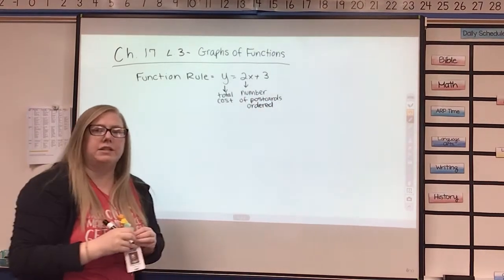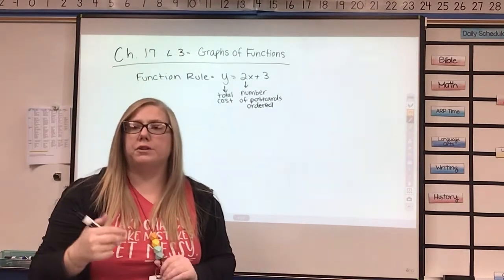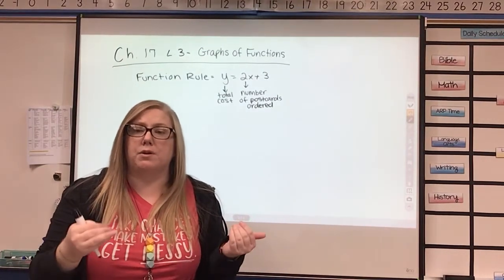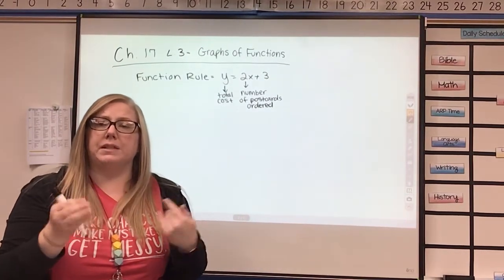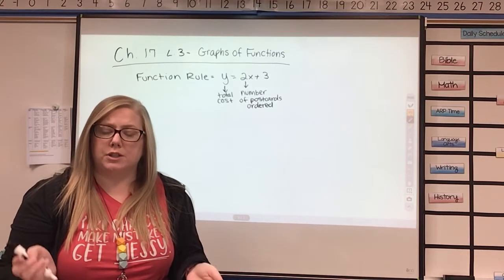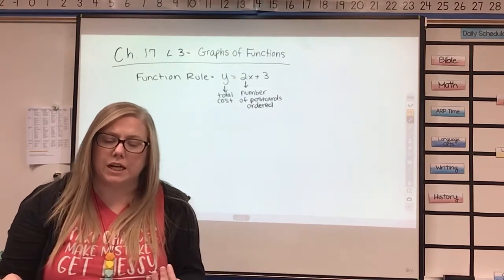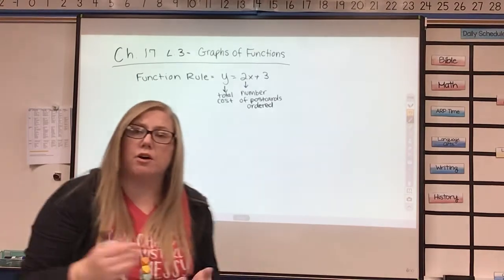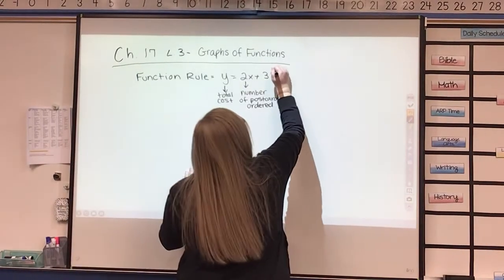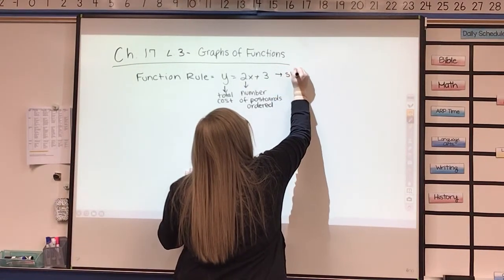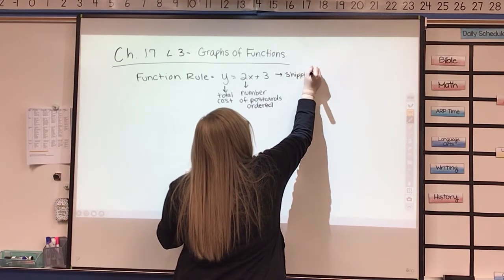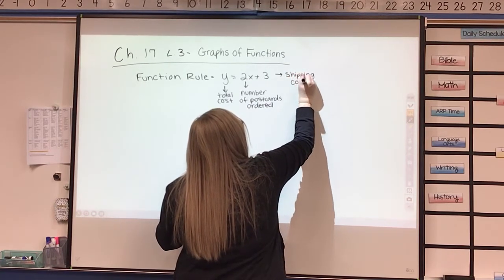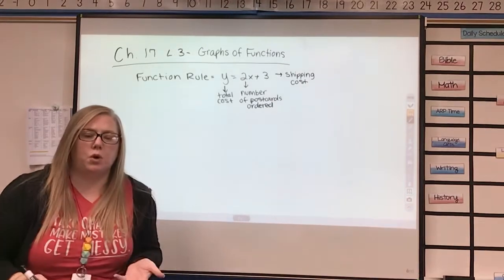So maybe the x equals that she ordered 5. So I would say 5, and I would get the total cost by saying 2 times 5 is 10, plus 3 is 13. So the cost would be 13. Okay? And then, like I just said, the 3 is the shipping cost. Okay, we're trying to find the total cost.